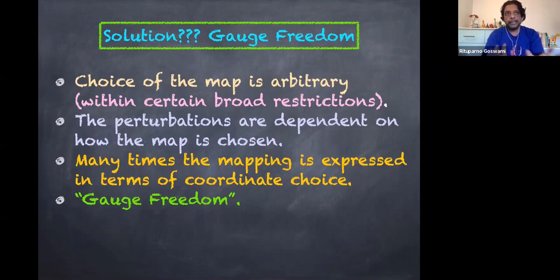Also, whenever we are doing a map between two manifolds, of course, my ex-differential geometry students will immediately remember my course, the local coordinates also get mapped with the same mapping. Therefore, this mapping is most of the time expressed in terms of coordinate choice. And this is exactly what is called gauge freedom.